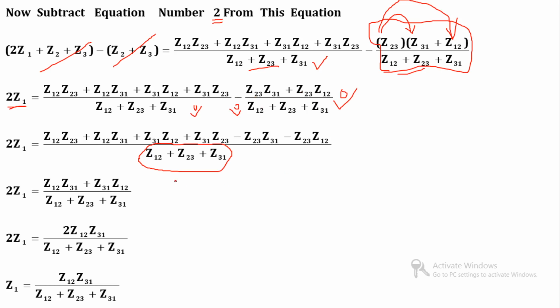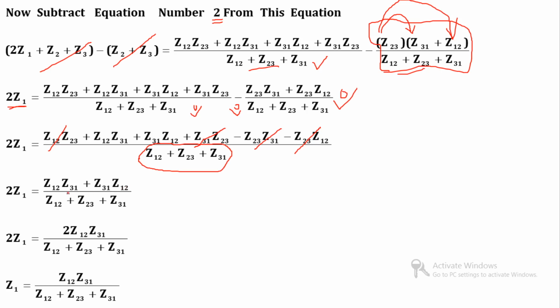The terms that cancel out are the Z23 Z12 terms and the Z23 Z31 terms. So the remaining terms are Z12 Z31 and Z31 Z12.